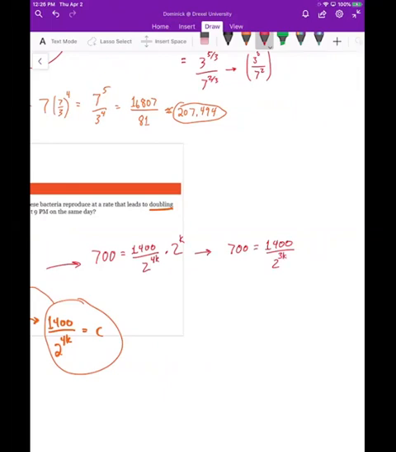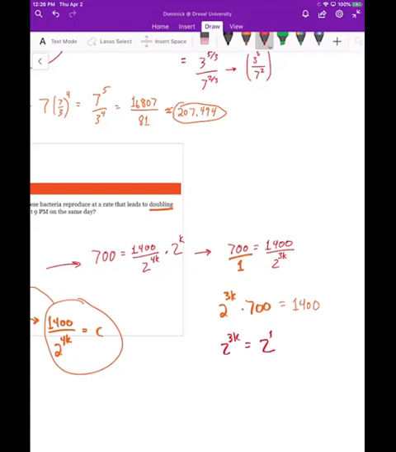Now if we cross multiply, thinking of 700 as 700 over 1, I'm going to get 2 to the 3K times 700 is equal to 1,400. And then we can divide, and something nice happens here, because if we divide by 700, we get 2. So I don't even need to convert to a logarithm here.